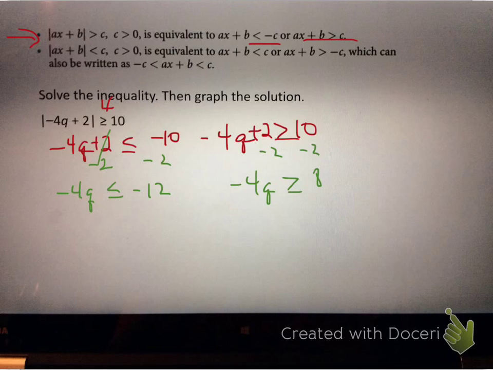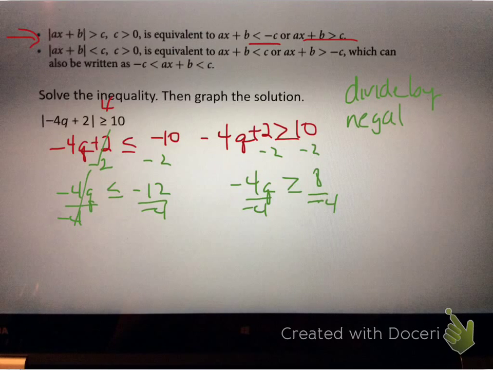All right, we'll continue. Then we're going to divide that negative 4 out. So now what happens? Remember, when we divide by negatives, we will reverse the symbol.